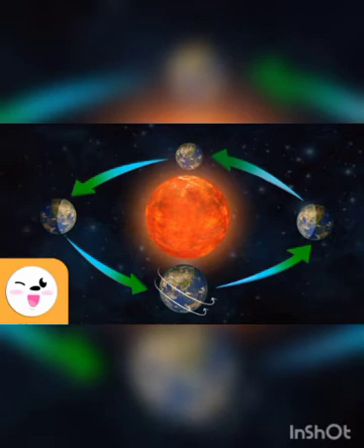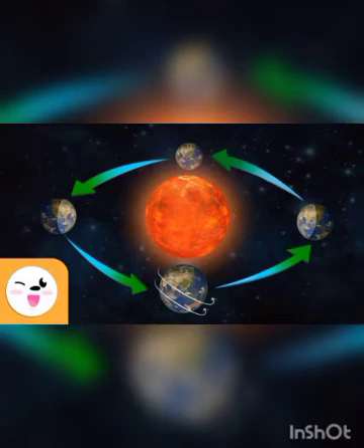Listen here, very carefully. Okay, fine. Now listen here, ma. When the North Pole is inclined towards the sun, can you see that? Yes, the North Pole is inclined towards the sun.